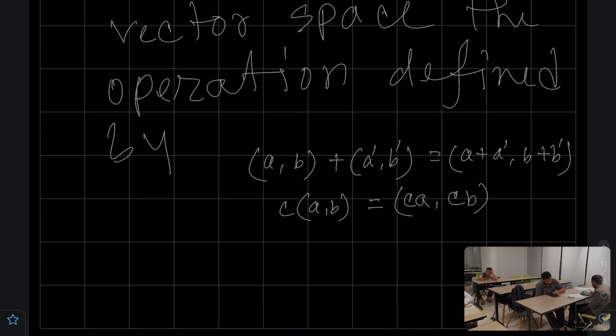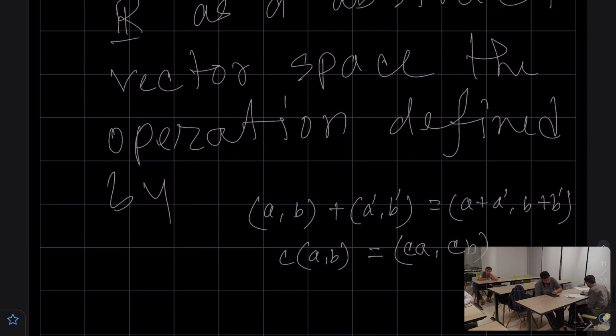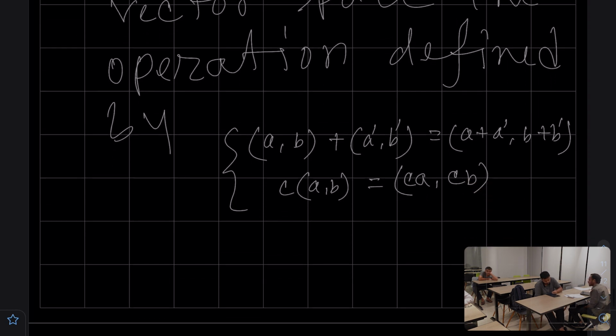So abstractly you can think of R2 like this. Under these two operations, R2 is a vector space.